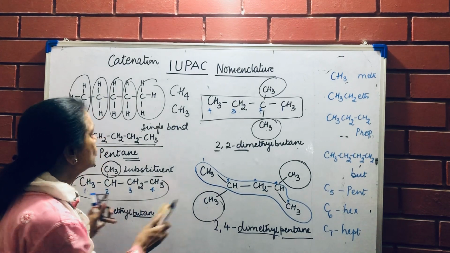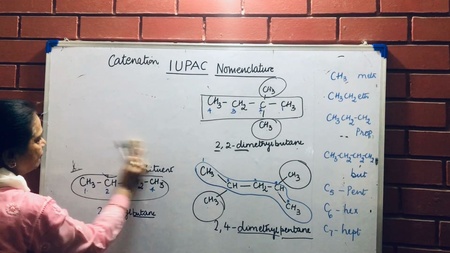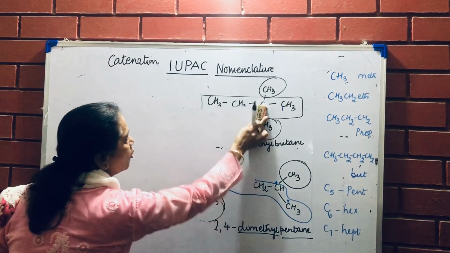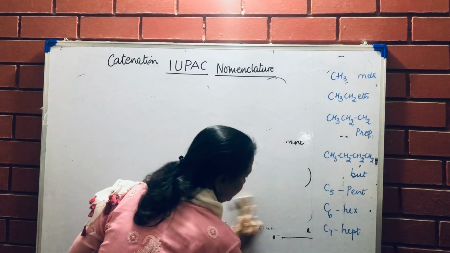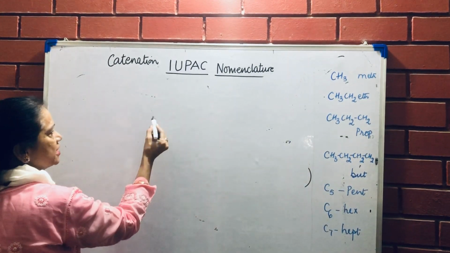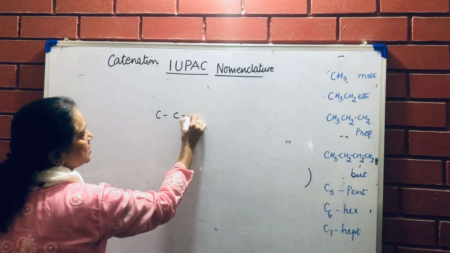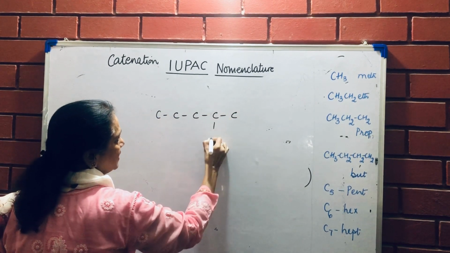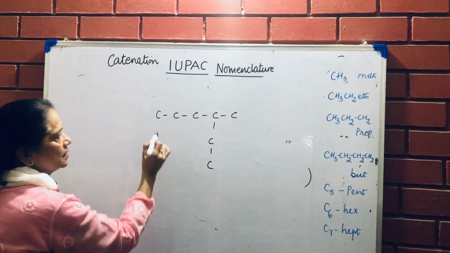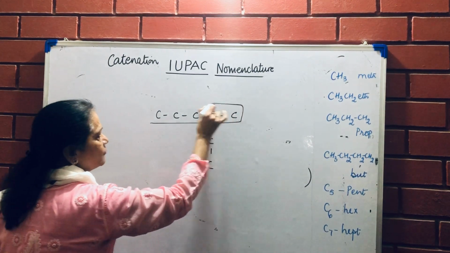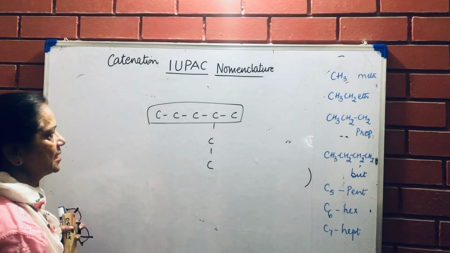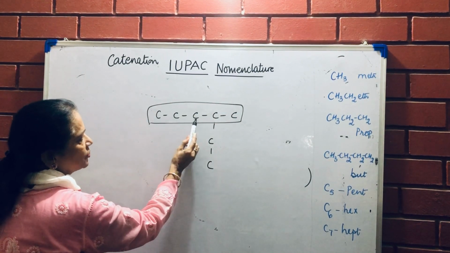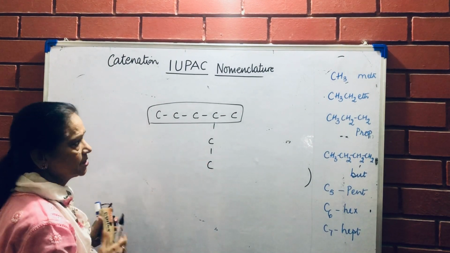So our rule is that we are first going to look for the longest chain. I'm not writing hydrogen atoms, but if I'm showing you a chain like this, I'll first check this way: 5 carbon atoms here, 1, 2, 3, 4, 5, 6 carbon atoms here.